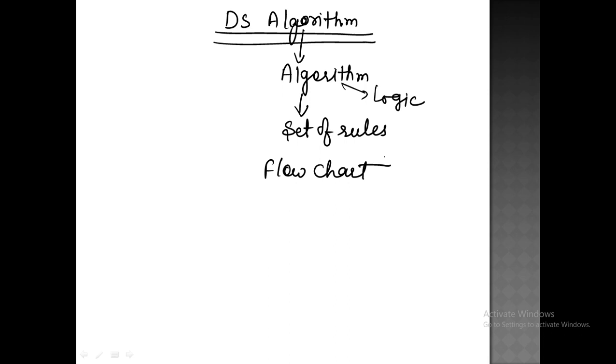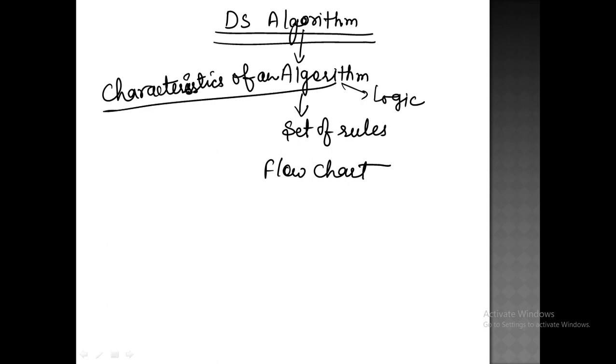Now, next important point is characteristics. What are the characteristics of an algorithm? First characteristic is input. Second is output.